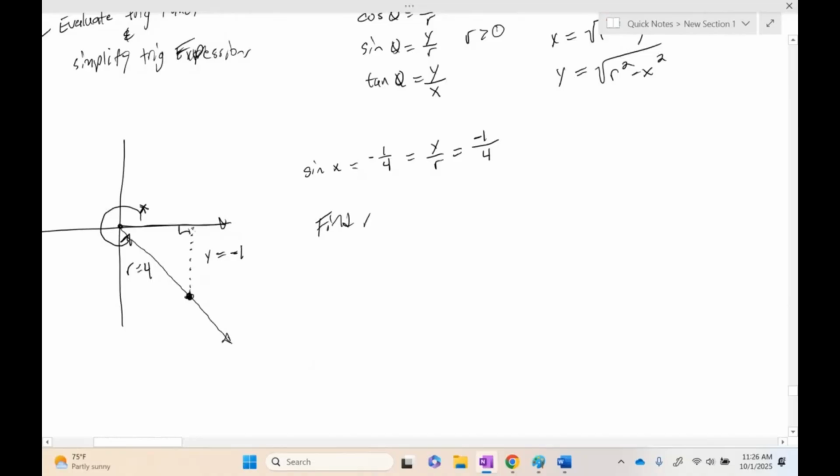So we're going to find x. I'm going to use that Pythagorean theorem. X is equal to the square root of r squared minus y squared. We know that r is equal to 4. Y is equal to -1.